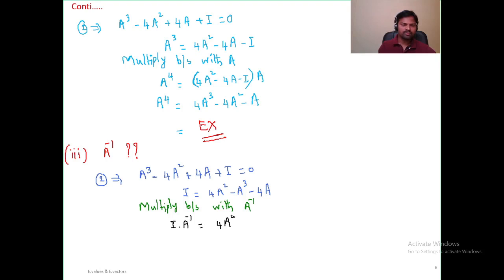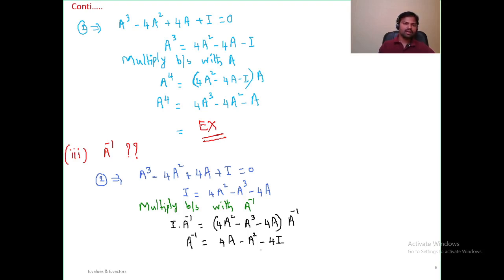You can also write directly, no problem. I am telling step by step for a better understanding. Which is equivalent to 4A square into A inverse is 4 into A, next minus A cube into A inverse is A square, next minus 4 into A inverse A is the identity matrix. And the identity matrix into A inverse is A inverse. Look at this. So this is the A inverse formula.